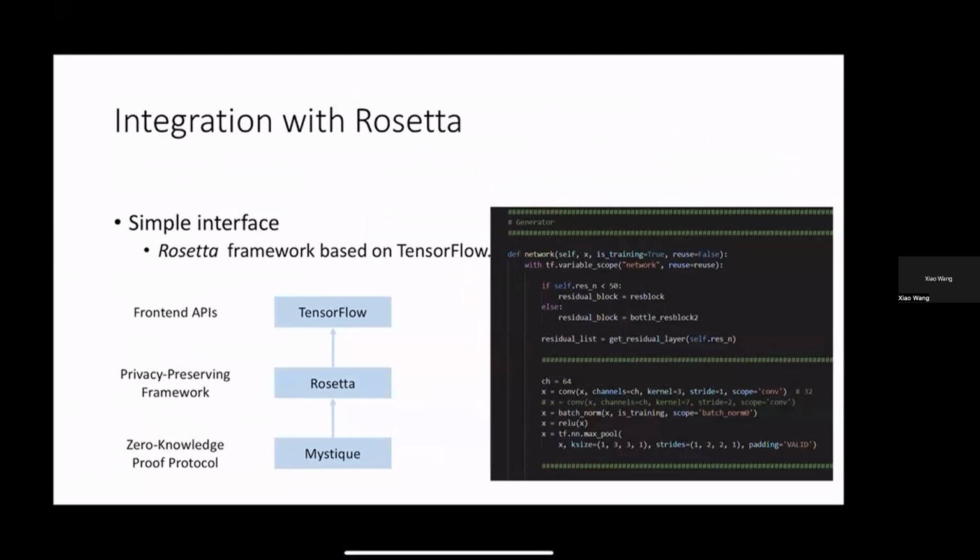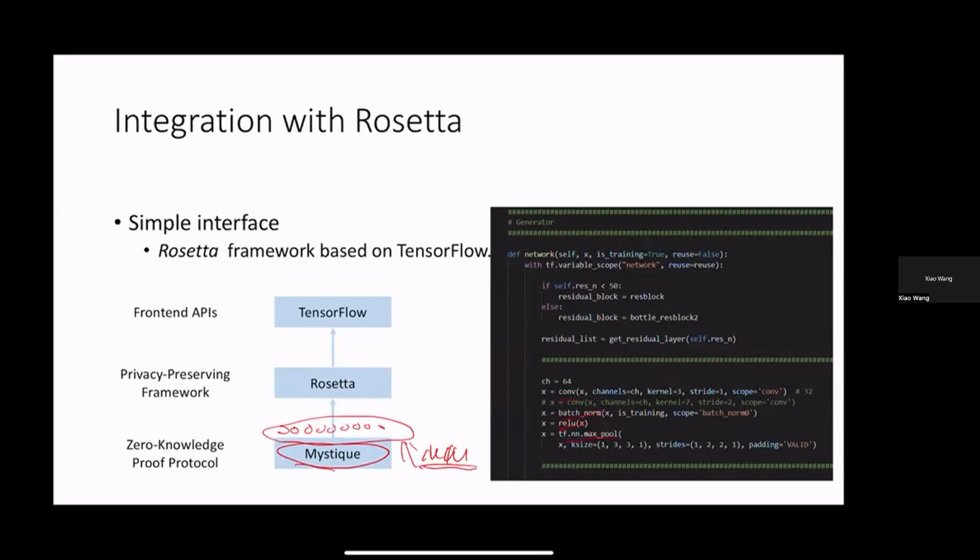Okay, so in the cryptographic backend, we essentially just expose a set of operators that can be called by Rosetta. This set of operators includes, for example, matrix multiplication, which is then used for zero knowledge proof of convolution. We also expose interfaces for nonlinear layers, for example, zero knowledge proofs of ReLU, and all the operators over here.